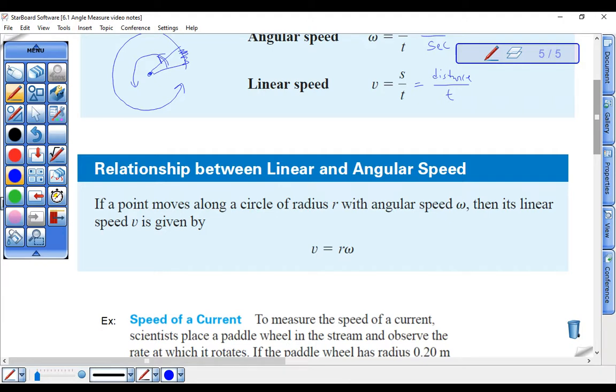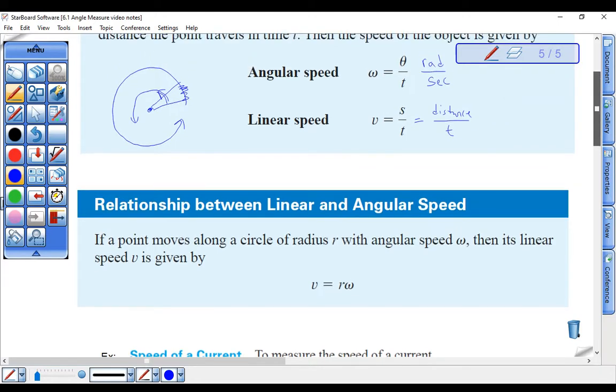So if we compare the two, we can convert back and forth between linear speed and angular speed. Remember, v we're using for linear speed because we're not giving it a direction. Our linear speed is the radius of the circle times the angular speed. Radius times angular speed is linear speed.